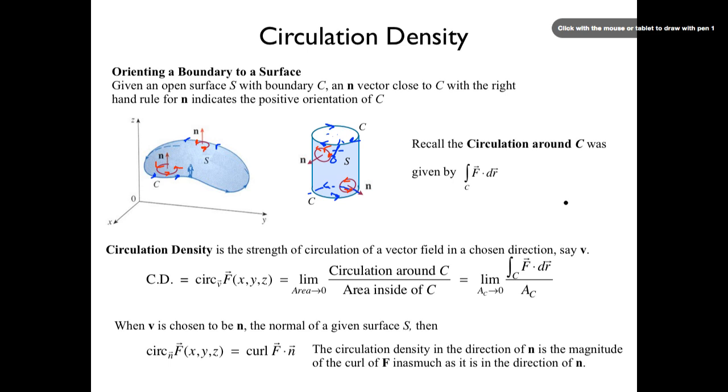So we have kind of two different mathematical definitions for circulation, right? We have this one, circulation density. We take the line integral and then divide by the area within it and take the limit as the area gets small. Okay, then we have this one.